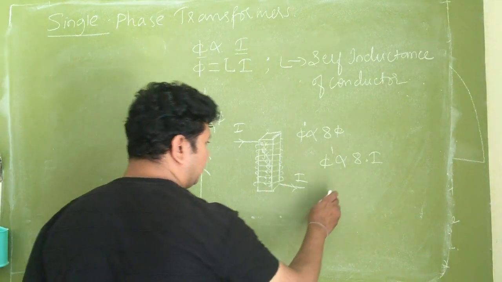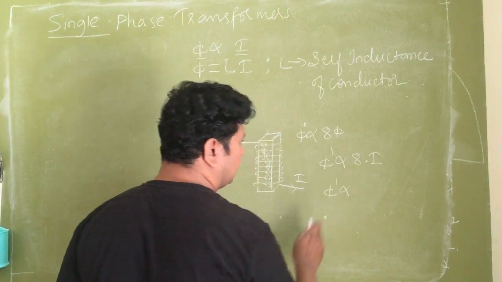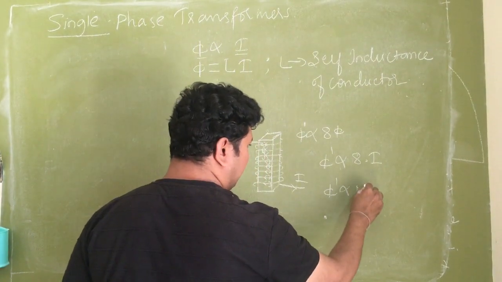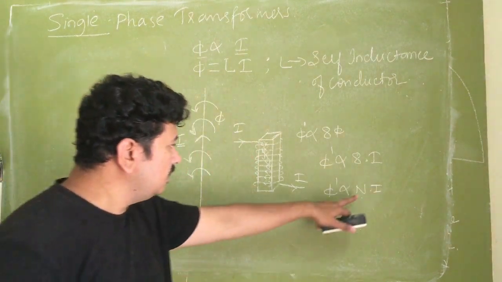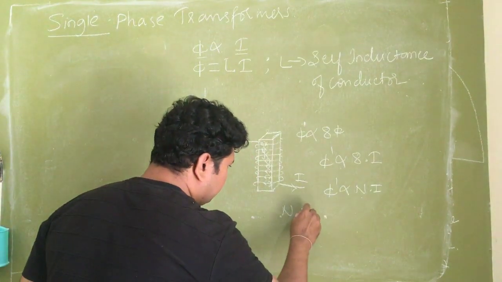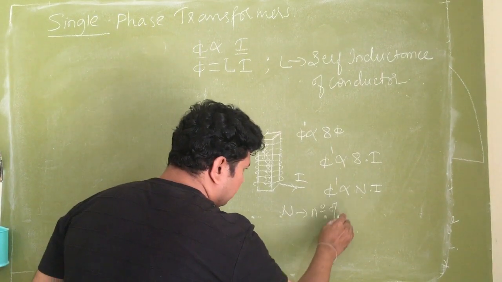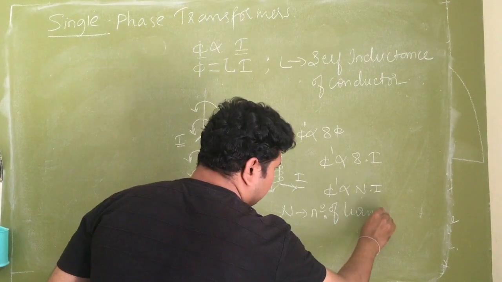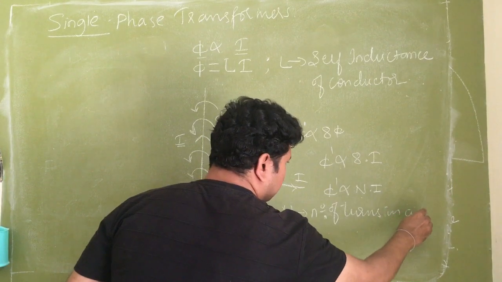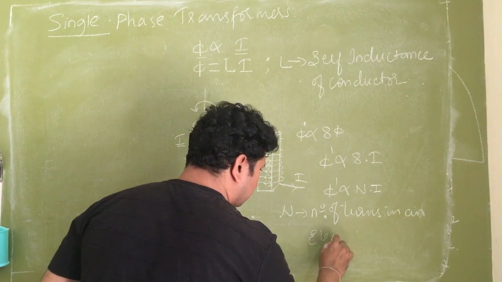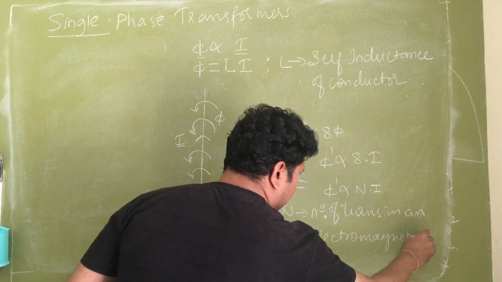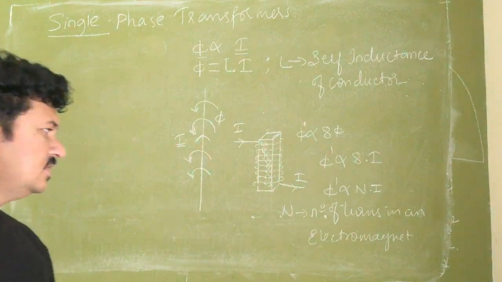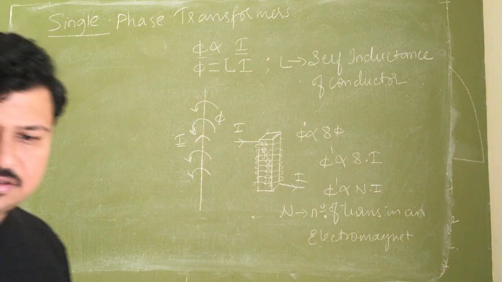So this phi dash is now proportional to n into I. What is this n? N is the number of turns in an electromagnet.